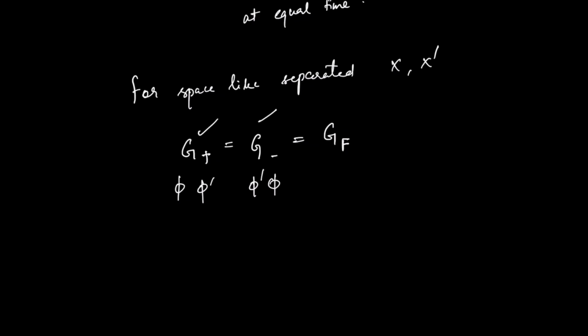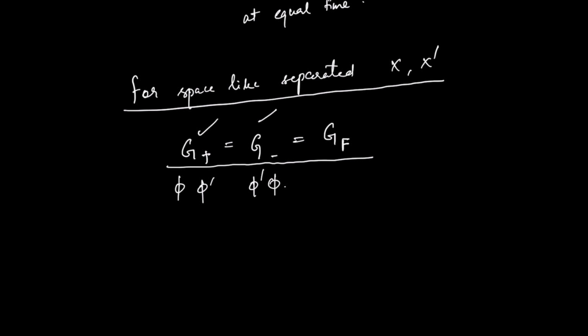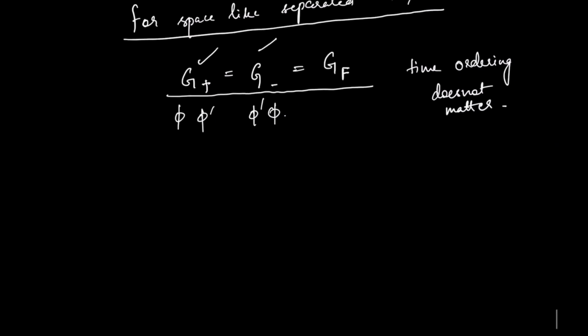That's why we defined G plus and G minus. But for space like separated x and x prime, G plus is equal to G minus is equal to G F, which implies time ordering does not matter.